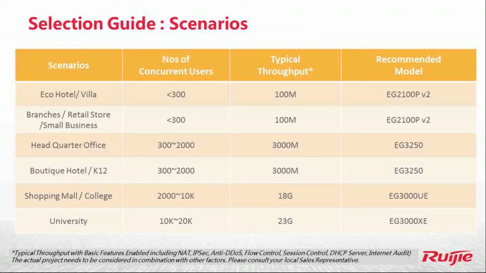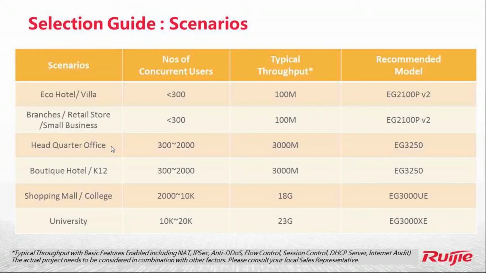This is all scenario based. We select by scenario: in which scenario, how many concurrent users need to be supported, and what is our recommended model. Here, for an eco hotel or a villa with fewer than 200 concurrent users, the model we recommend is the 2100. For branches, retail and small offices, we also recommend the 2100.